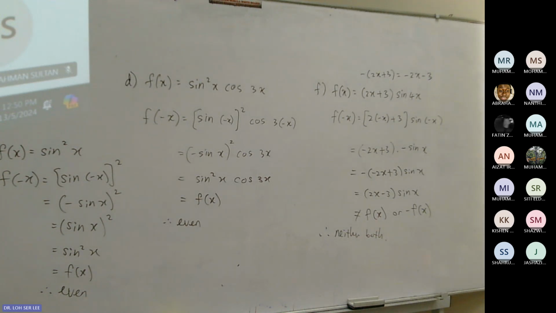Because it is either odd or even. So we have to know how to identify the graph. So today we stop here and we will continue in the next class on this Friday.